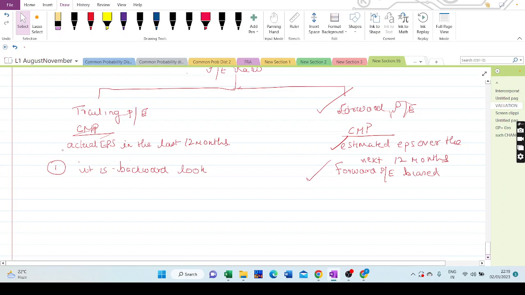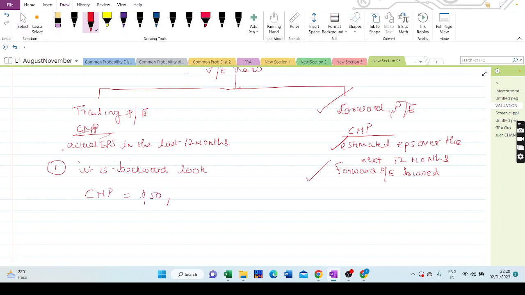Okay, so understand this, Victor. Say the current market price of the stock is $50, and the last 12-month EPS is $5, and the market is expecting a 10% growth in EPS, right?